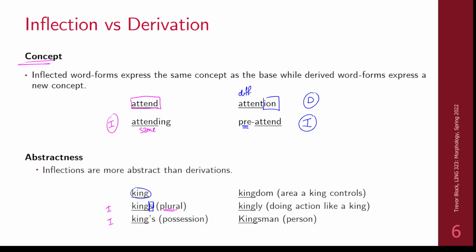Same with ownership. The concept of ownership is abstract. If you were to say the king's dog, the king is physical, it's concrete. The dog is physical and concrete. But the notion of possession and ownership is abstract, so it's inflectional. Kingdom is an interesting one because kingdom is like an area that a king controls.